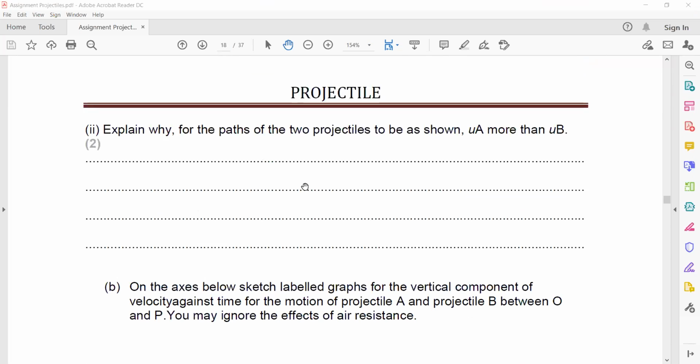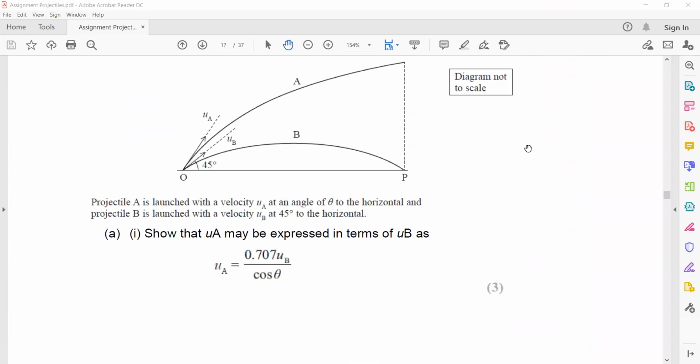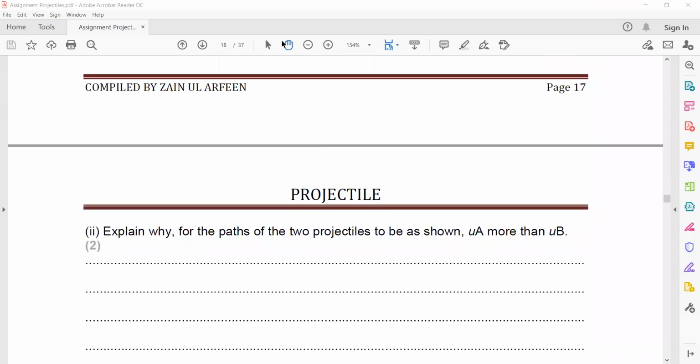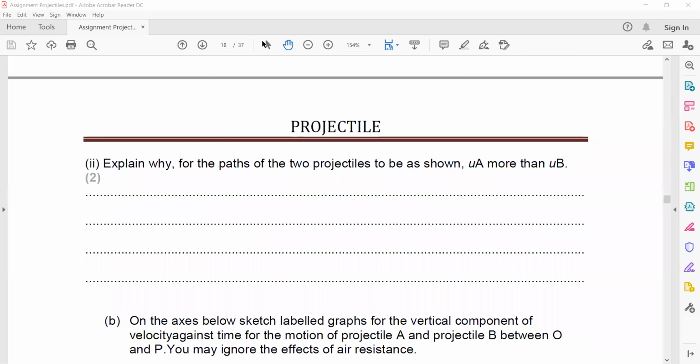In the second part, explain why, for the paths of the two projectiles as shown, UA is more than UB. Look, both have the same range. If two objects have the same range, what is the formula for range? Range is horizontal speed times time.